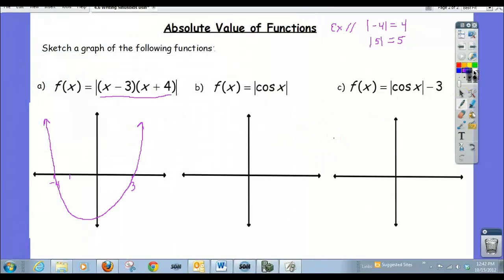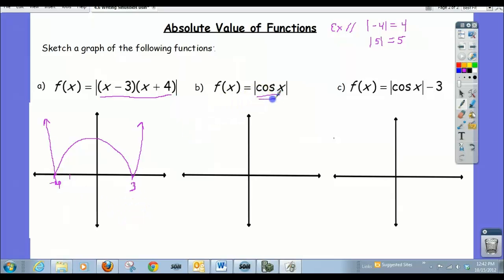So if we were to sketch the absolute value of this function, all the positive values stay positive, but all the negative ones become positive as well. And so this is really the graph. So graphically, that's what taking the absolute value does. It takes all negative values and just basically flips them over the x-axis.